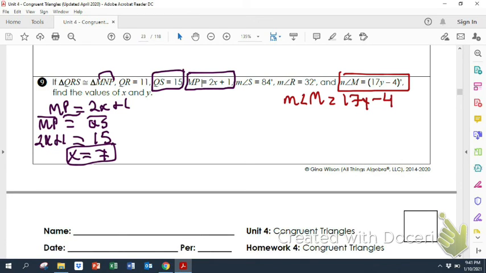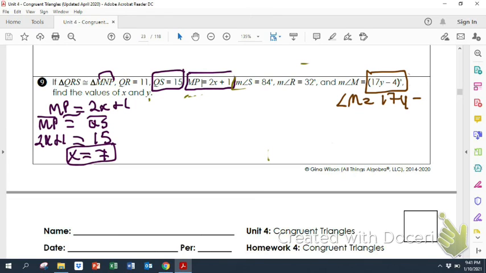Well, what is M congruent to? Now we're trying to figure out what angle M is. We need to find out what y is. And we know that angle M is equal to 17y minus 4. So what is angle M?